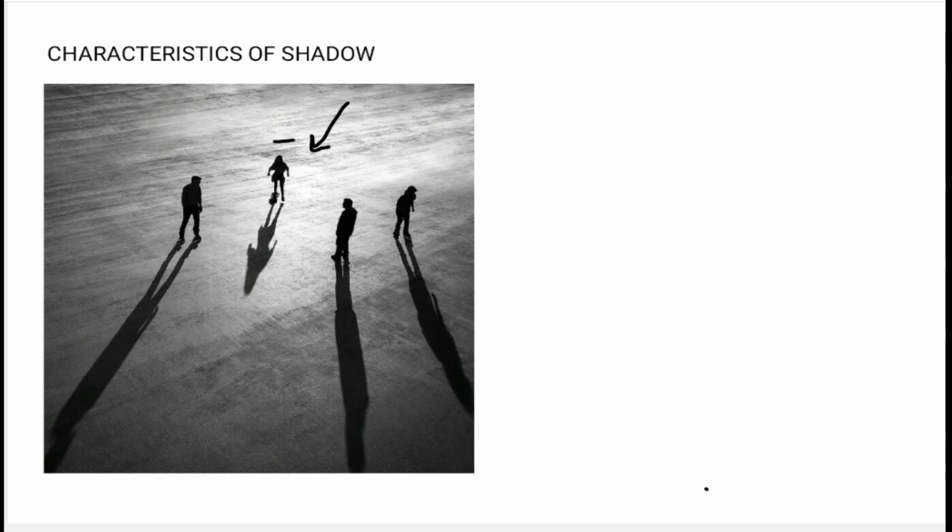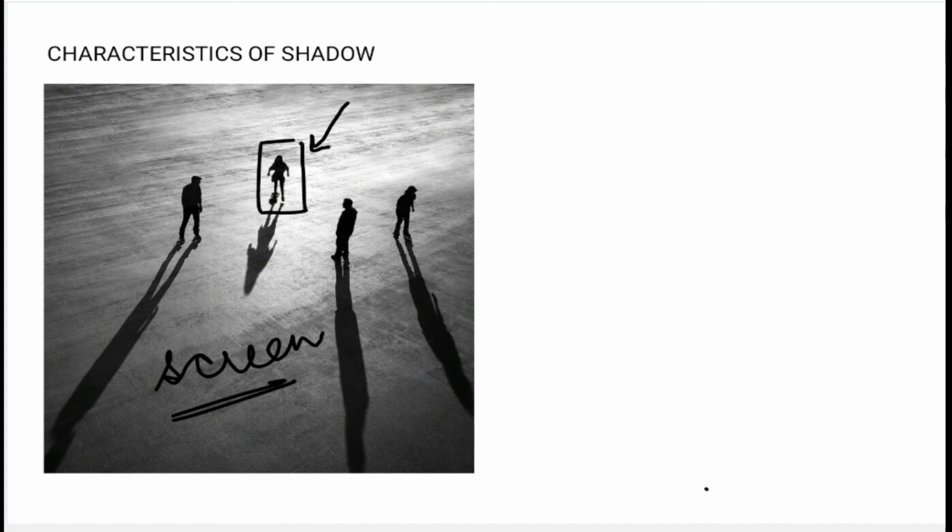The second condition is that there must be some opaque object. The third thing is that there should be some screen. As you can see, this ground, this surface acts as a screen. So we have three essential things: a source of light, an opaque object, and the screen. The screen can be either the ground or a wall.